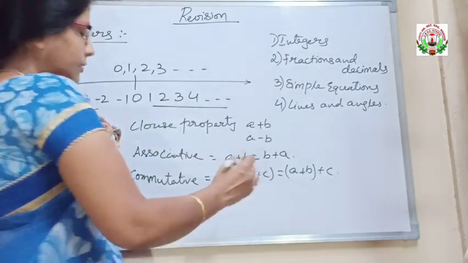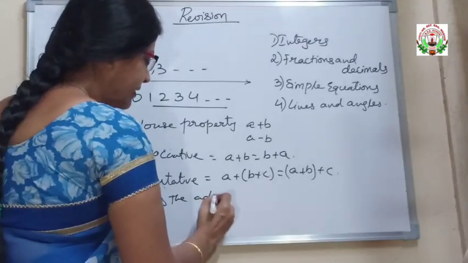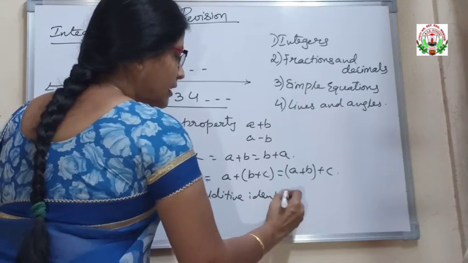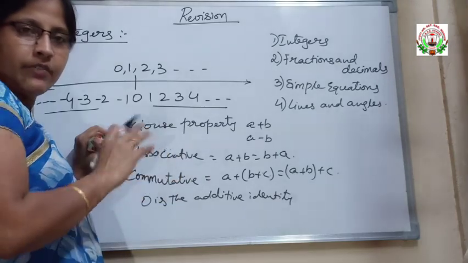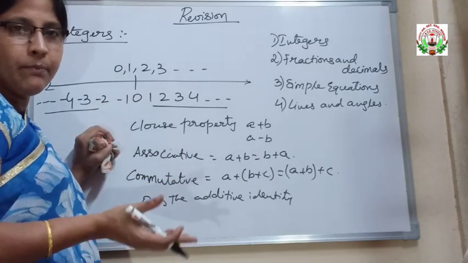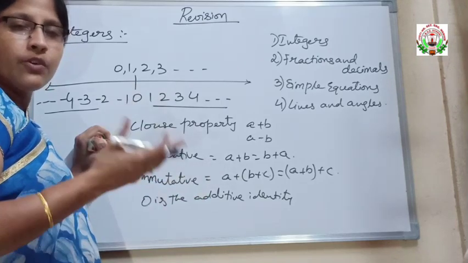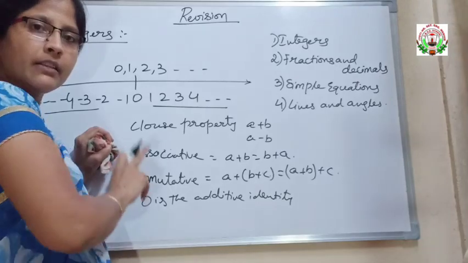Next we know that 0 is the additive identity. The meaning of this is when we add or subtract any integer with 0, we are going to get the same integer only, either positive or negative.